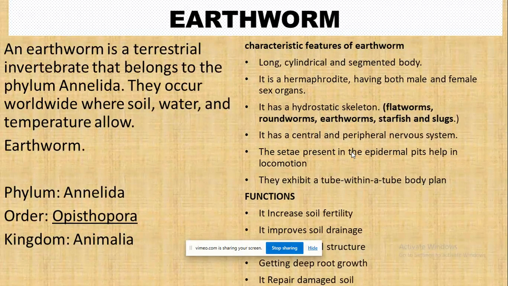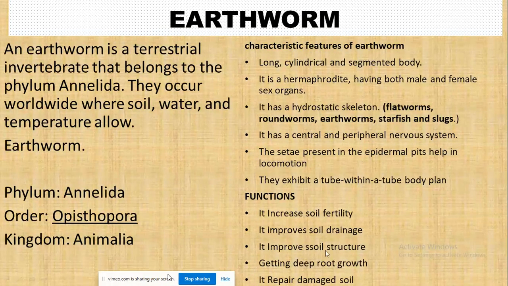As you can see, some of the characteristics are on the screen. Then let's look at the benefits of earthworm to soil, or the functions of earthworm. It increases soil fertility, it improves soil drainage, it also improves soil structure, as you can see on your screen. It repairs damaged soil and so on and so forth.